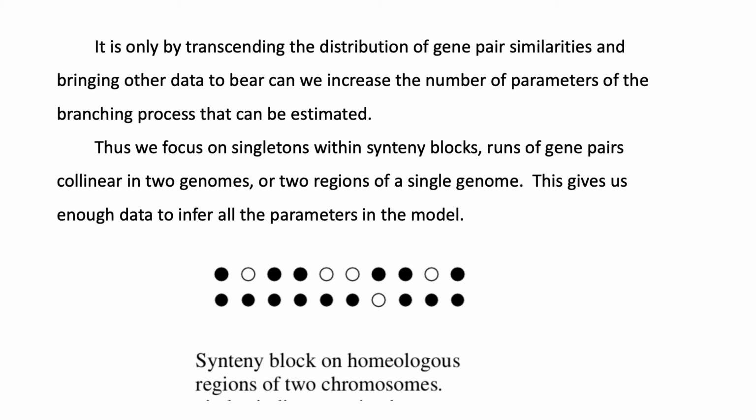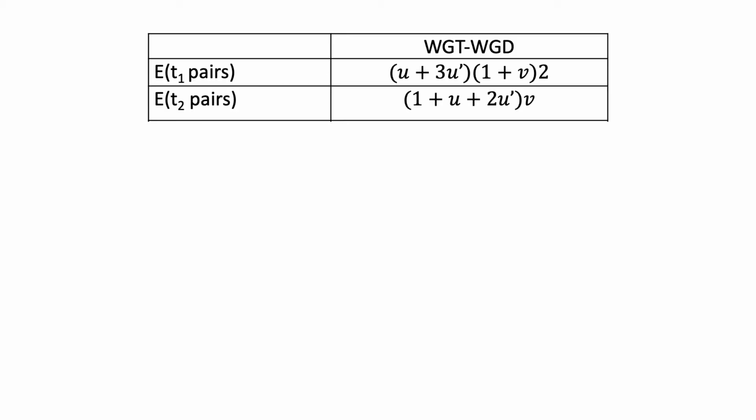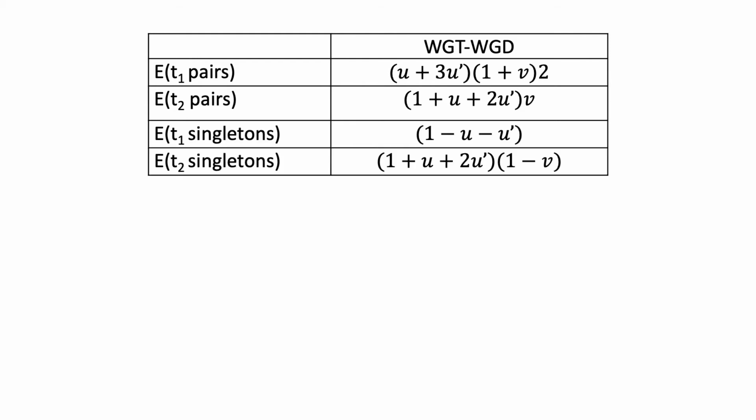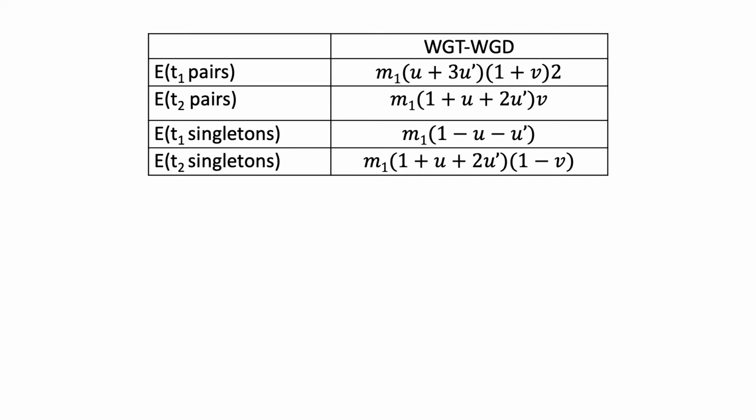We count these singletons and we can predict them using the same measure. So now, instead of two equations for three parameters, we have four equations for three parameters, and this gives us the luxury of adding in another parameter that we can estimate: the number of genes in the original population before the first event.